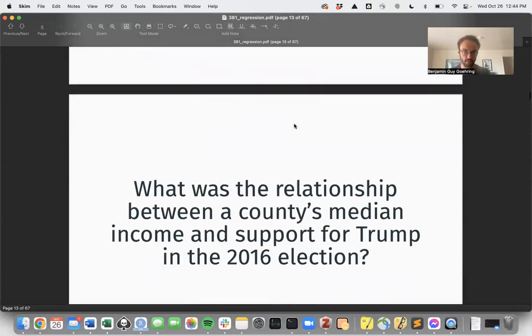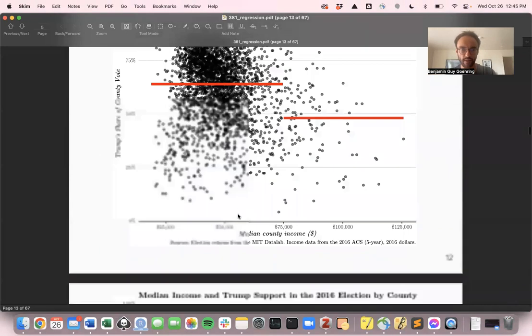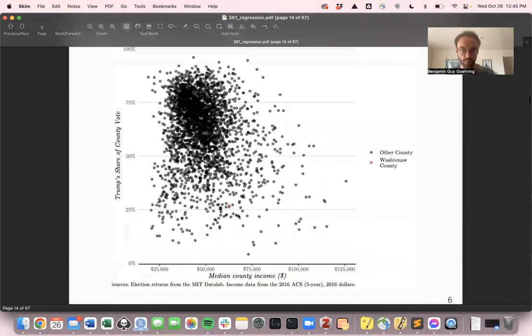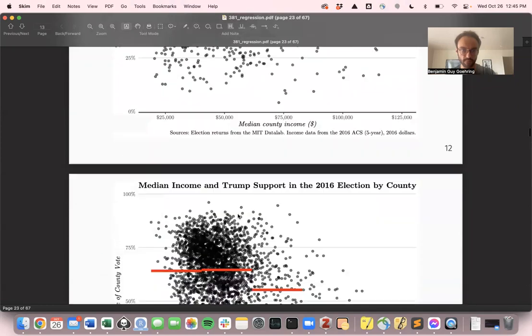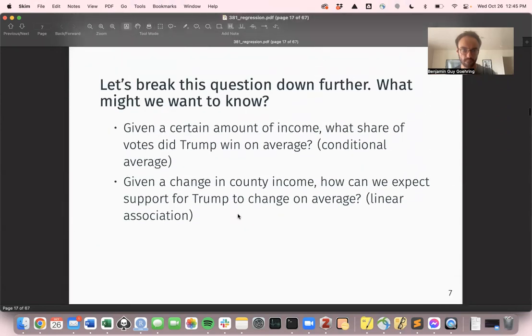If you remember, in the last presentation we were looking at the relationship between median county income and support for Trump in the 2016 election. Two things we might want to know from this are, first, given some level of income, what's the average support that Trump got in the county?